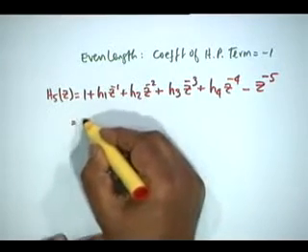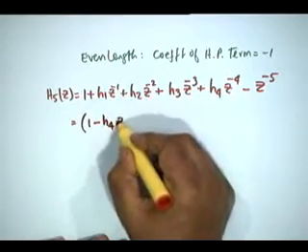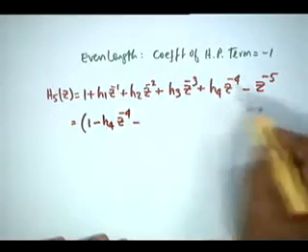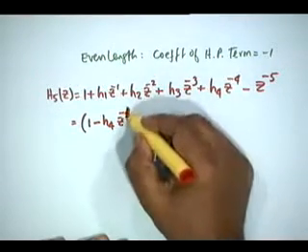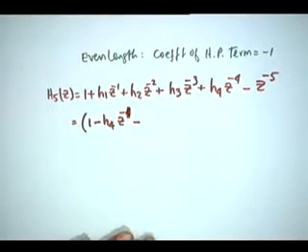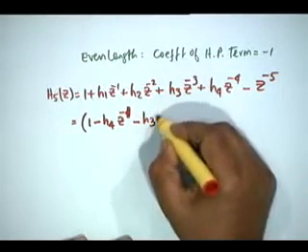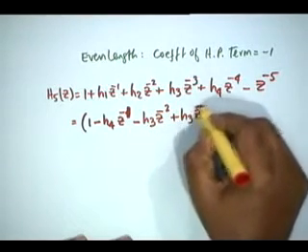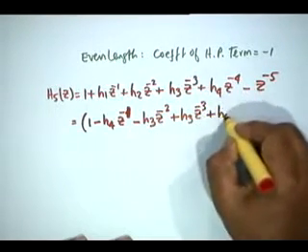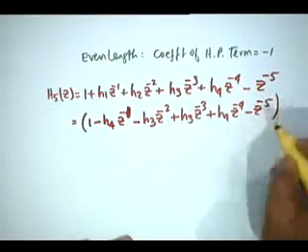And the decomposition now would be 1 minus H4 Z to the minus 4 minus Z to the minus 1, that is right. Then next term H3 Z to the minus 2 plus H3 Z to the minus 3 plus H4 Z to the minus 4 minus Z to the minus 5.